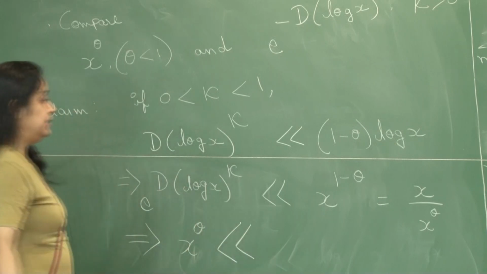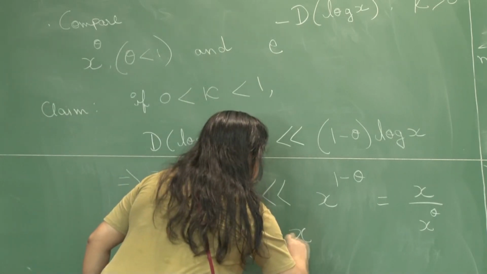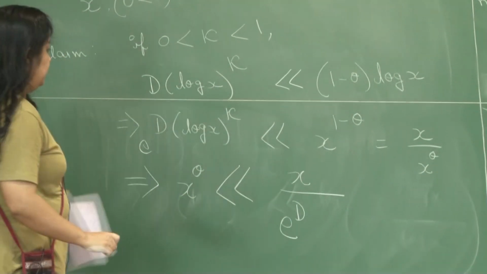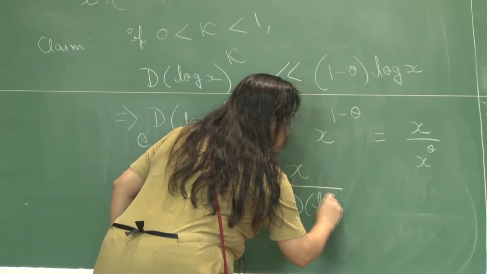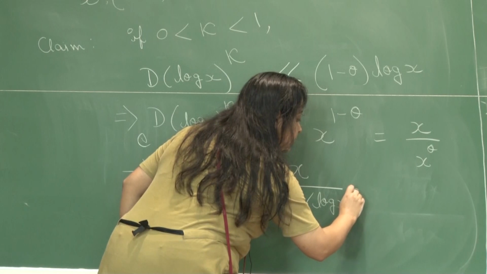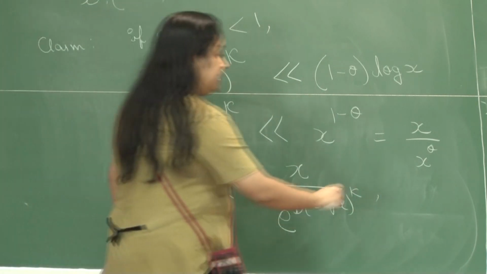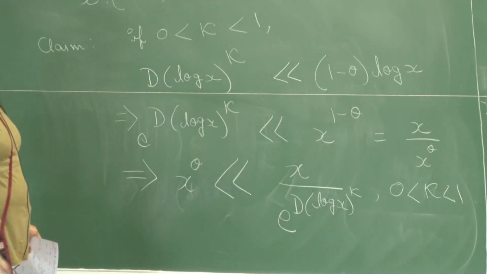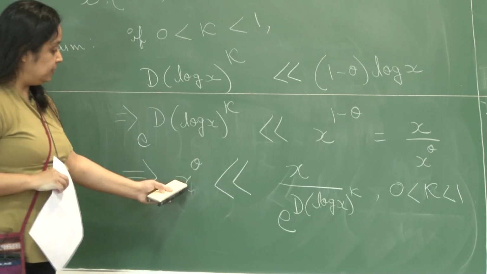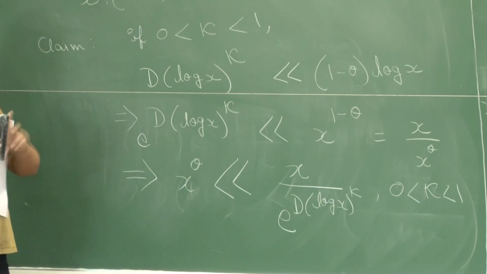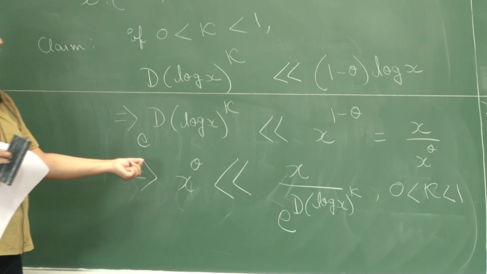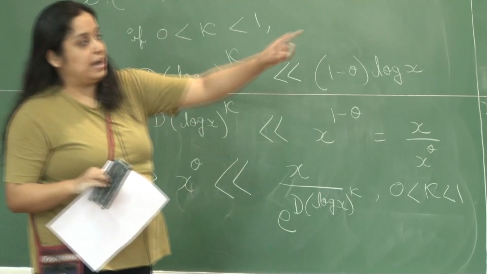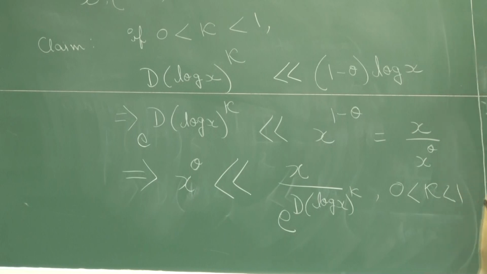It is certainly less than x over e raised to the d times log x raised to the kappa for any kappa which is strictly less than 1. Okay. So, this kind of an error term, x raised to the theta, very explicit power of x which is less than 1, would be of better quality than this error term here that we seem to have obtained in the prime number theorem.